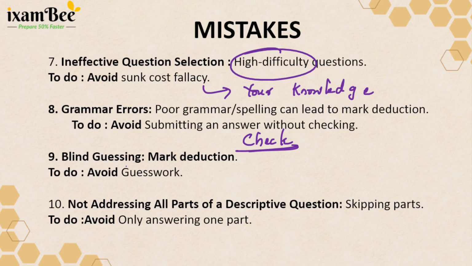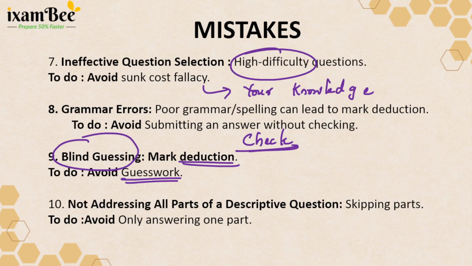So you might go for a bad idea, which is blind guessing. It would be similar to beating around the bush and would definitely lead to a lot of marks being deducted. So you will be losing a lot of marks here. To come out of this issue, avoid guesswork. Don't go for it. Whenever you are seeing a question, ensure that you're picking only those questions which you really know.